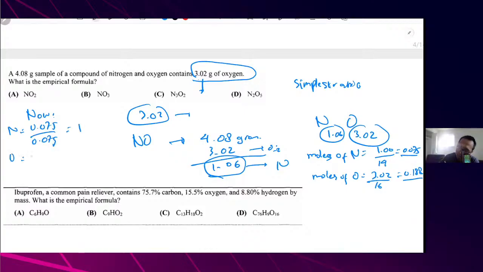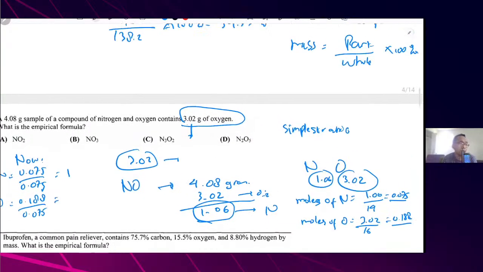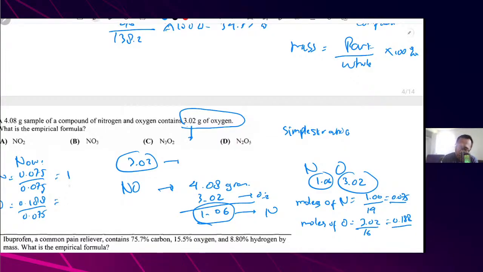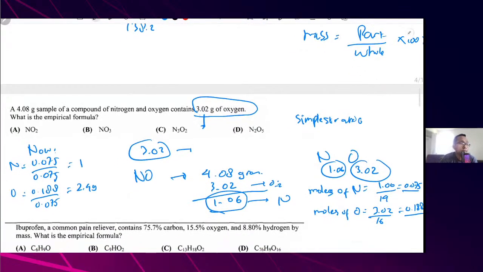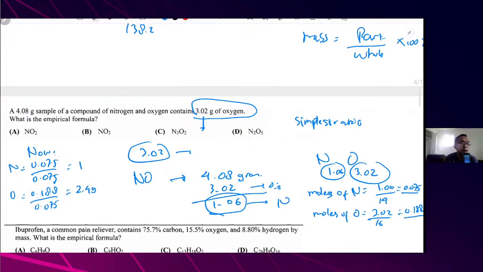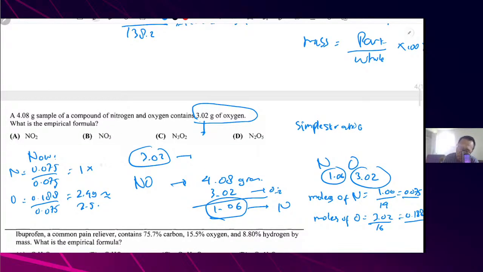And then how about O? 0.188 divided by 0.075, we end up with around 2.49. So it's close to 2.5, not quite a whole number. We round it to 2.5. So now we multiply by 2: the nitrogen is 2 and the oxygen is 5. So it will be N2O5.